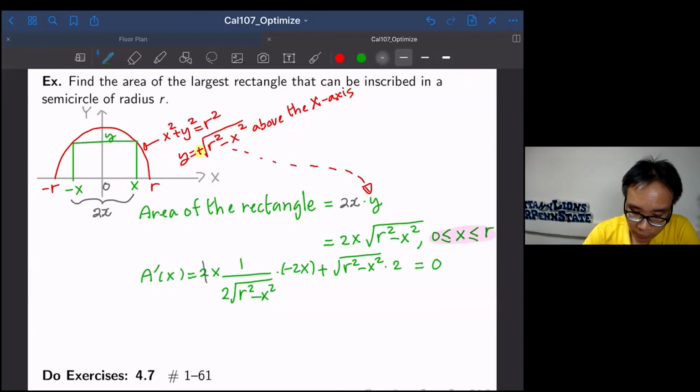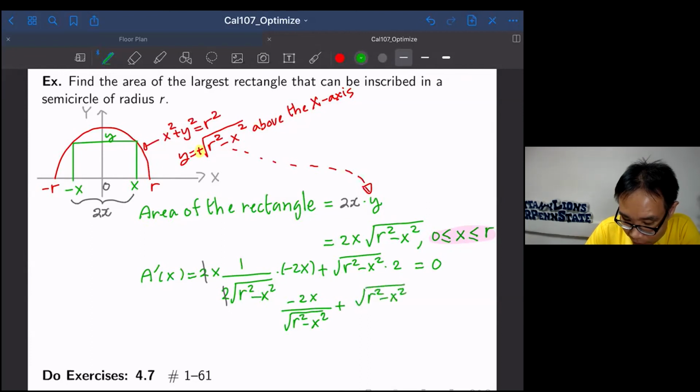So you simplify this, the 2s cancel, and you get negative 2x squared over the square root of r squared minus x squared, plus the square root of r squared minus x squared times 2, equal to 0.